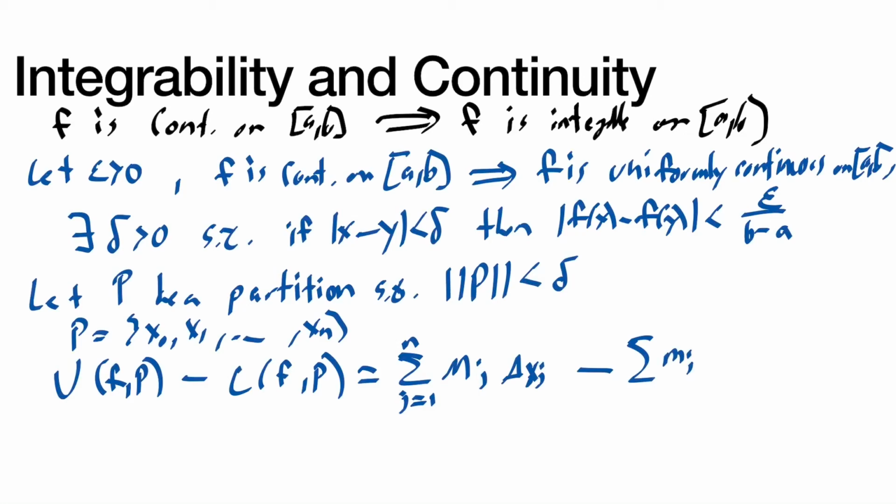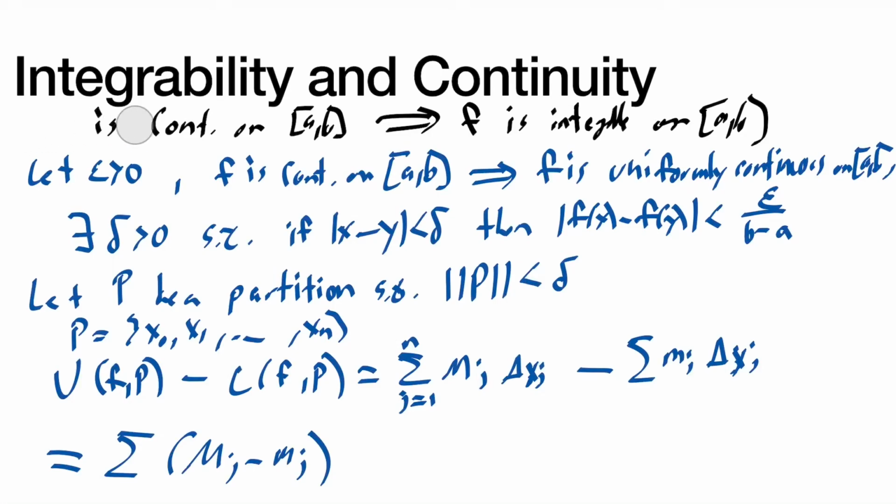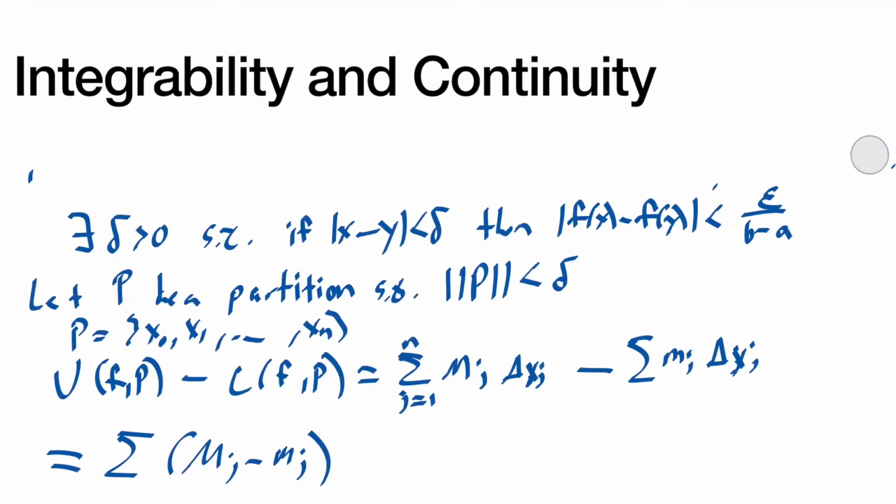And then the lower sum is the inf over the interval times the size of the interval. But now notice this is just a single sum, and I can factor out my delta x_j of whatever my maximums minus my minimums were on each interval.